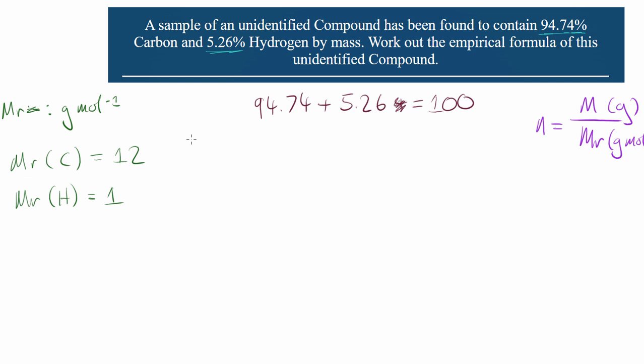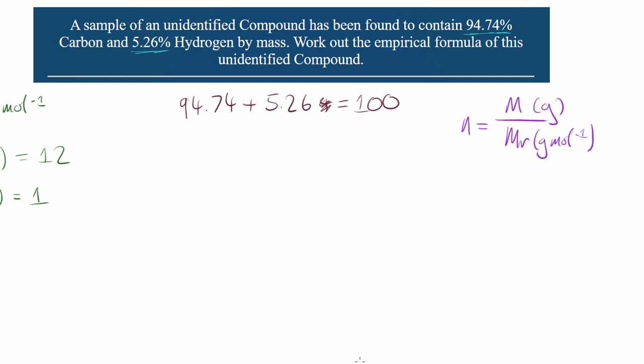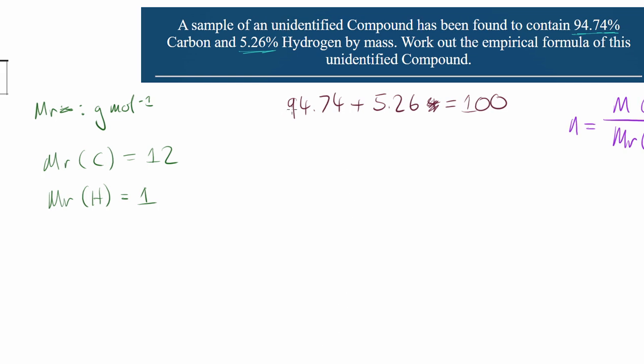And by doing that, we're going to be able to take these percentages by mass and convert them into actual masses, right? And that's going to enable us to use this equation. So therefore, for carbon, it's 94.74 grams, and for hydrogen, it's 5.26 grams, right?